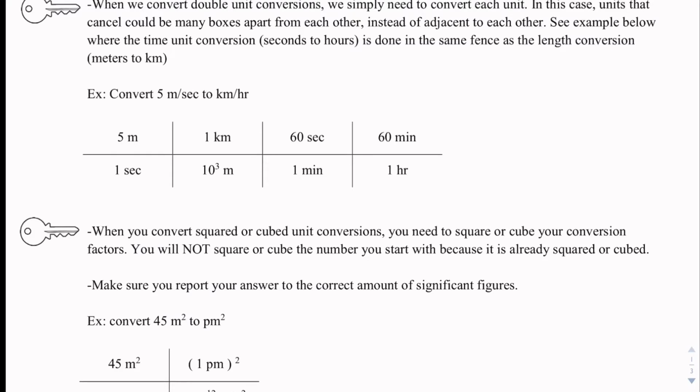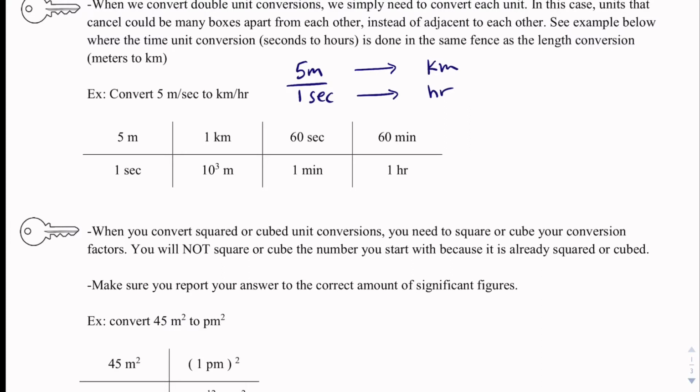So if we look at this first example, we have 5 meters per second, and you want to think about it as converting meters to kilometers and then seconds to hours. And there's lots of ways to do this, but I'm going to show you what I'm going to do. The denominator here of seconds has a 1 next to it.